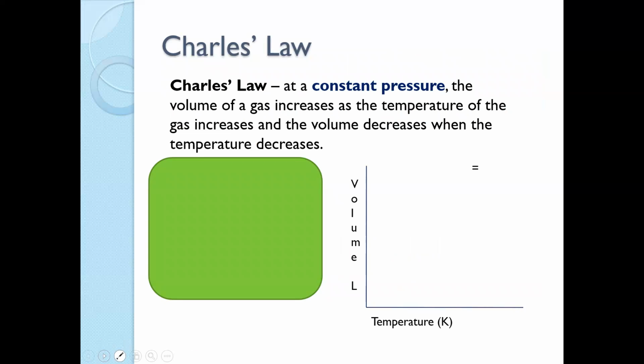Charles's law. Charles's law describes the relationship between the volume and the temperature at constant pressure, and the volume of the gas increases as the temperature of the gas increases.